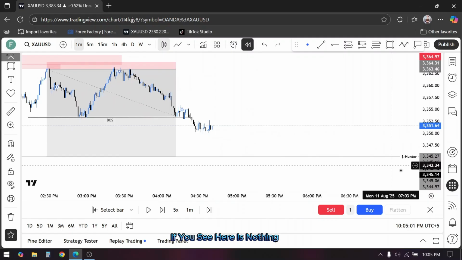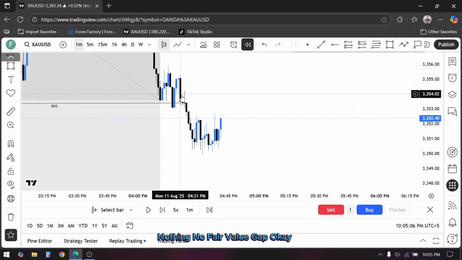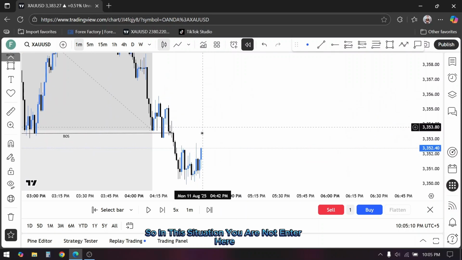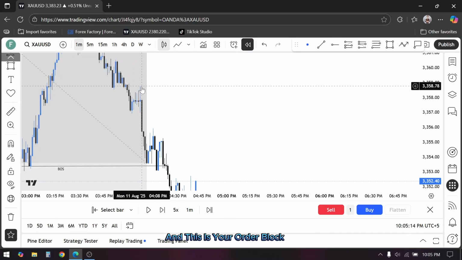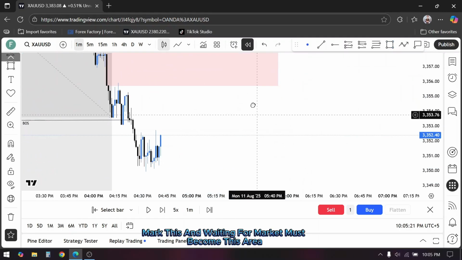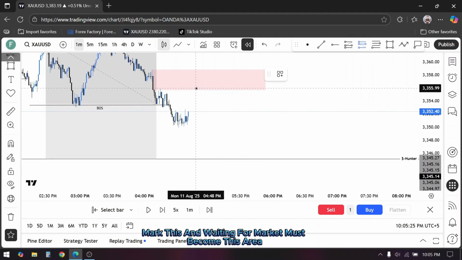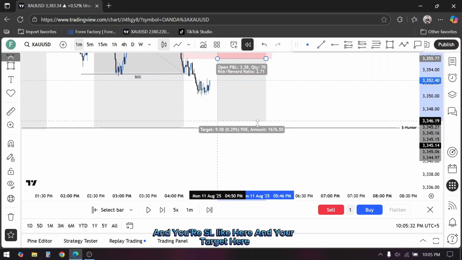If you see, here is nothing, no fair value gap. Okay, so in this situation you are not enter here, you enter, this one is your fair value gap and this is your order block, so you enter like this, mark this, and waiting for market must become this area and your SL like here and your target here.